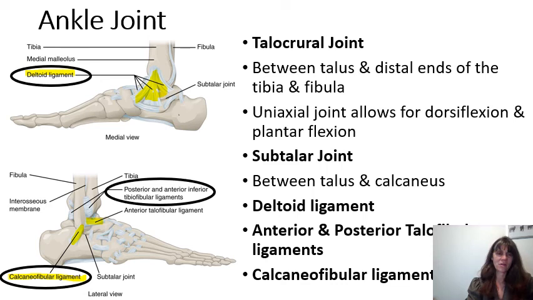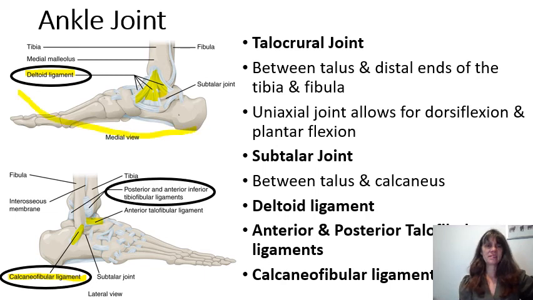And we have posterior and anterior tibiofibular ligaments. The main one to know on the ankle joint is the deltoid ligament. This prevents excessive eversion of the ankle.